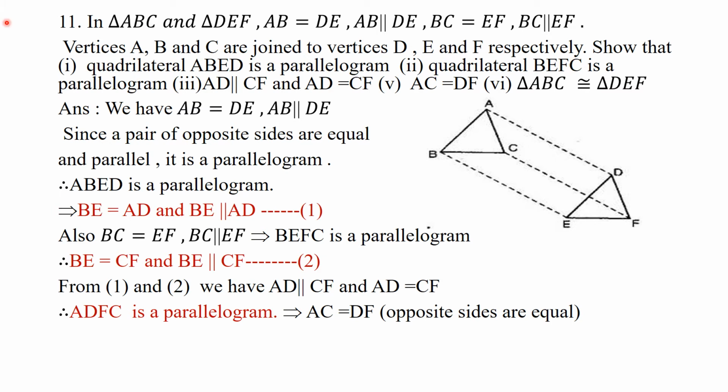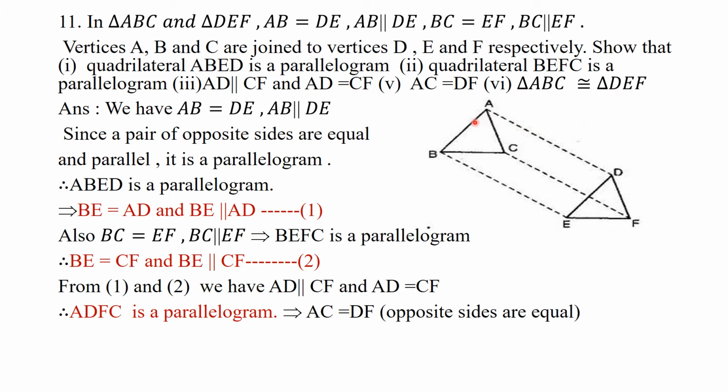Show that quadrilateral ABED is a parallelogram, quadrilateral BEFC is a parallelogram, AD parallel to CF and AD equal to CF, AC equal to DF and triangle ABC is congruent to triangle DEF.